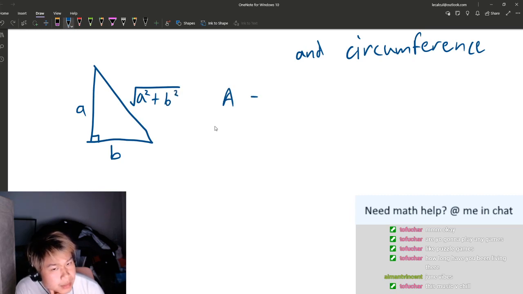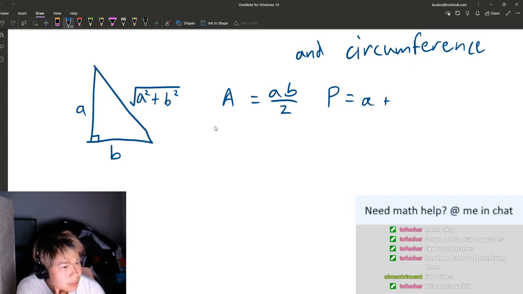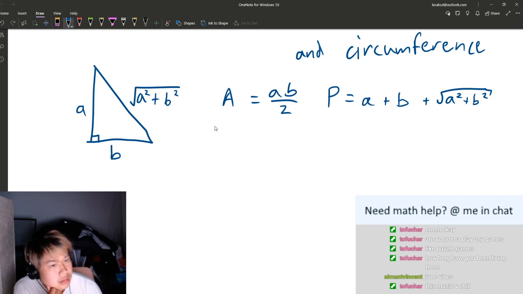Okay, area is base times height divided by 2, so a times b divided by 2. Perimeter is a plus b plus the square root of a squared plus b squared. We set these equal to each other.